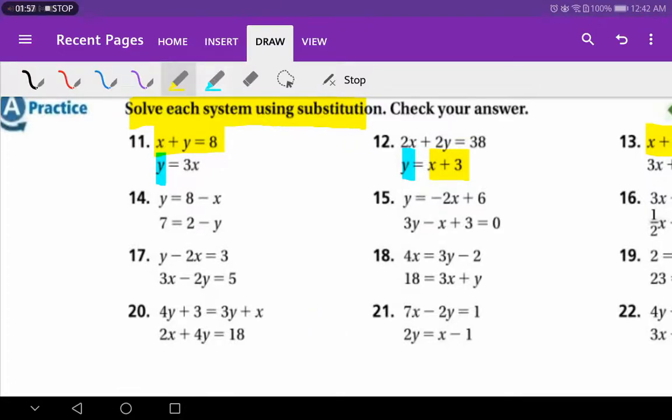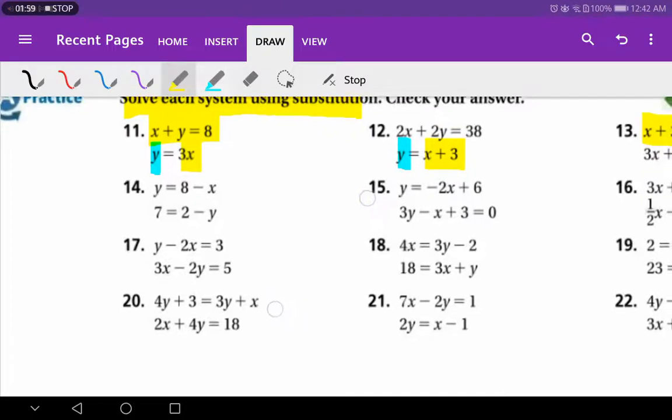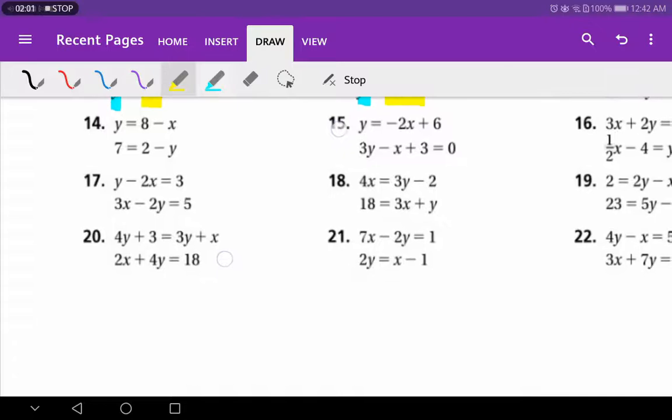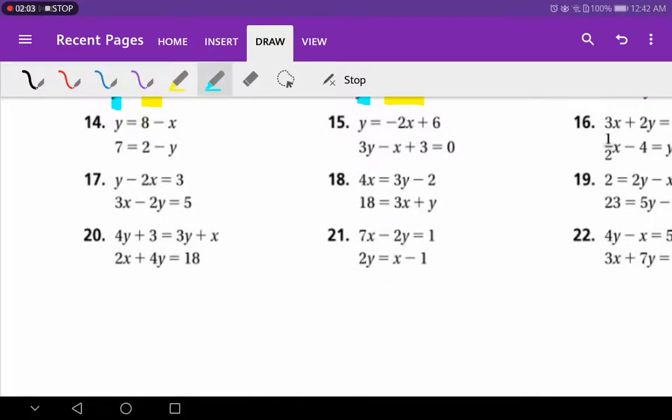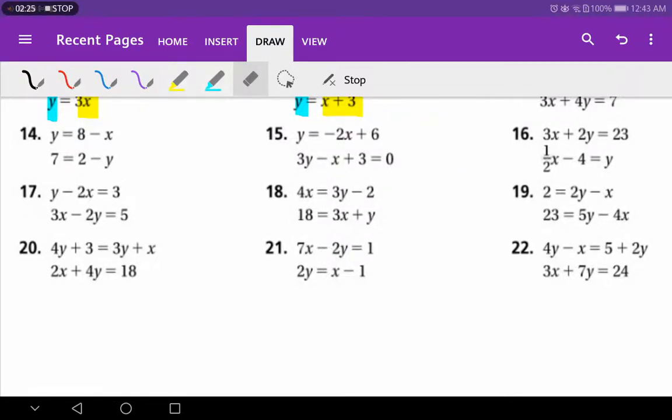Here y equal 3x. Go down here to 14. He gives you one equation. The 14 is a little bit different, but one of them has y equal y minus x. So one equation of the system is written in subject of y, and this makes it easy.